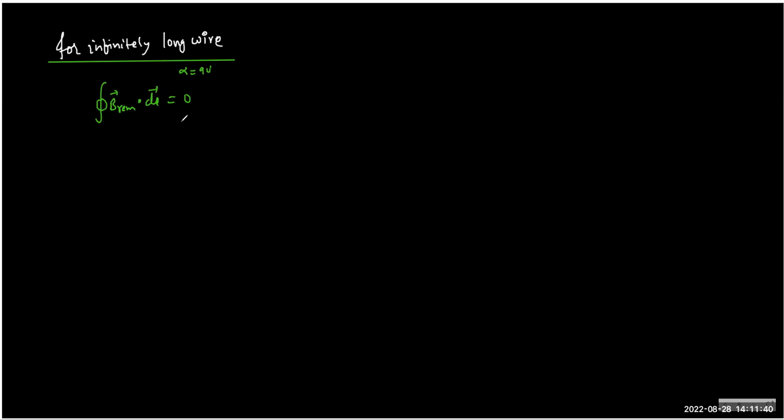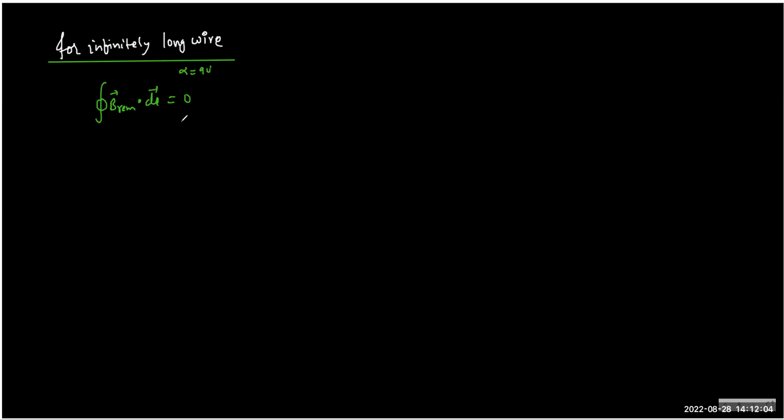Any finite distribution should not be thought about in terms of Ampere's law, or you can say that we should not think of calculating the B value using Ampere's law if the current distribution is finite. So that is the first thing that we need to understand.